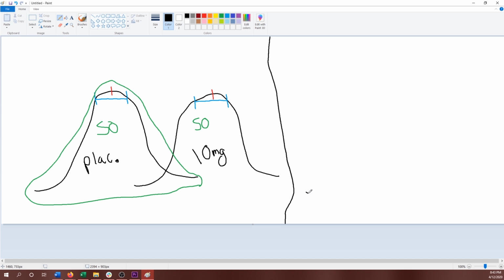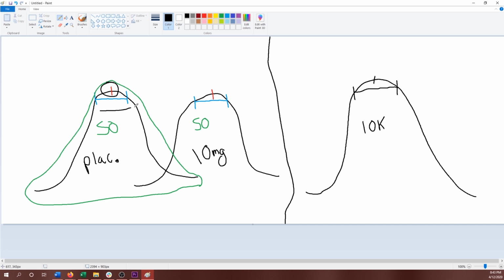What if you had another distribution just like that first one, but instead of 50 people, you had 10,000? You would have a mean in the same place as this mean, and a standard deviation the same width as this standard deviation. It'd just have a whole bunch more people in it.